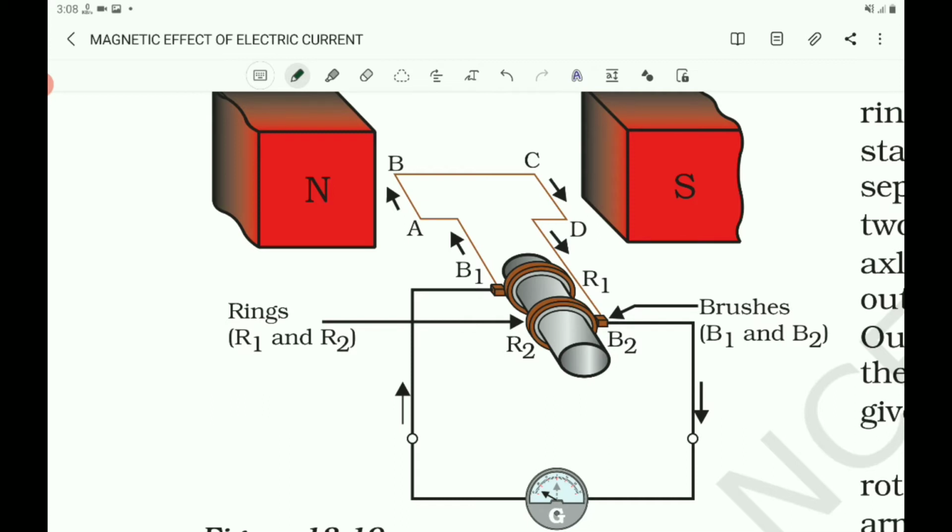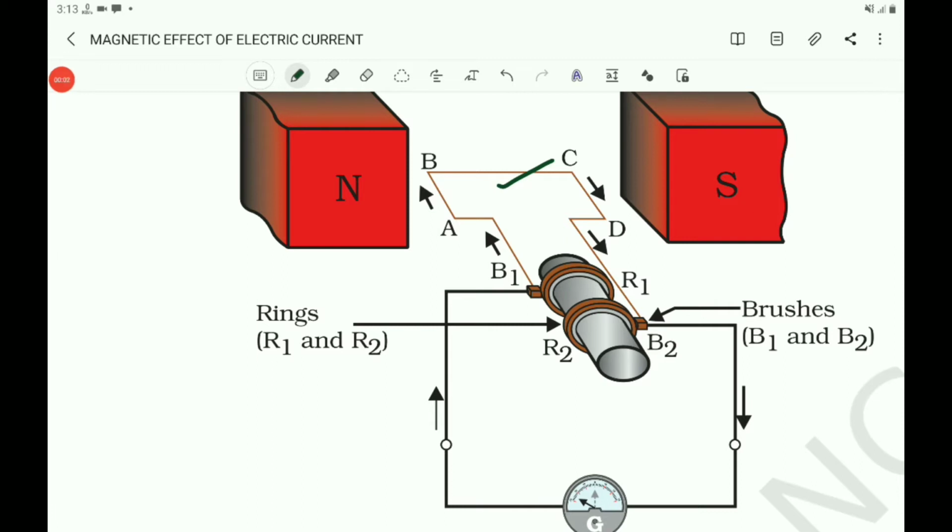Here, the rotation of the coil is mechanical energy, and this rotation is in the magnetic field, and the mechanical energy is converted into electrical energy.